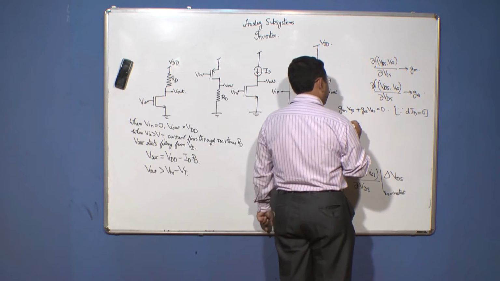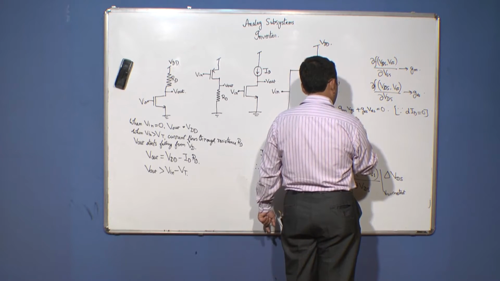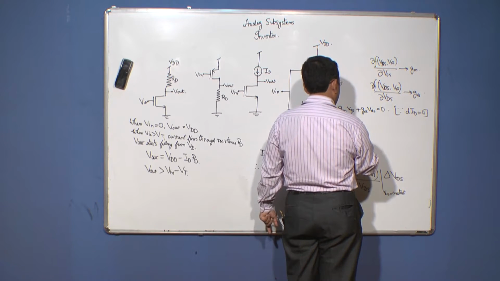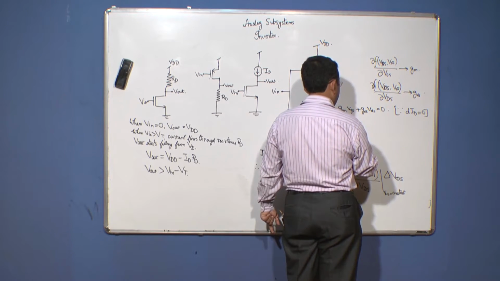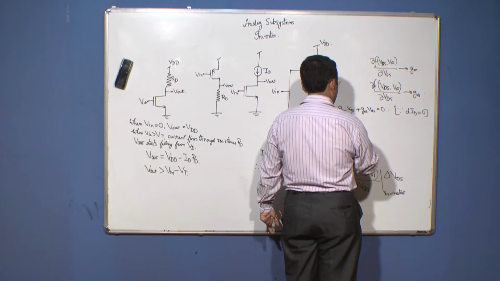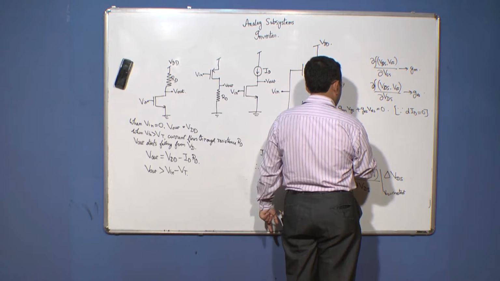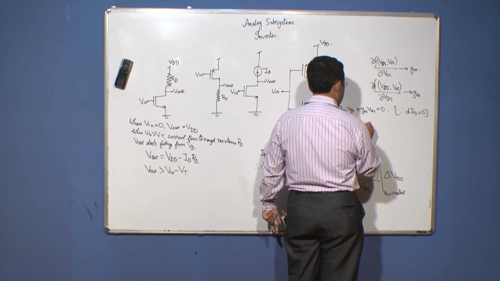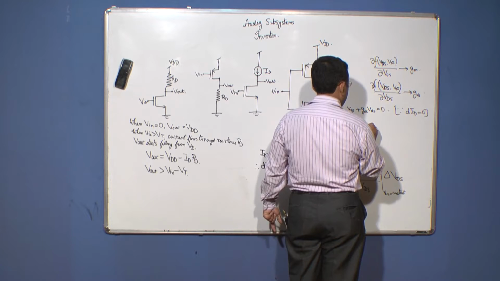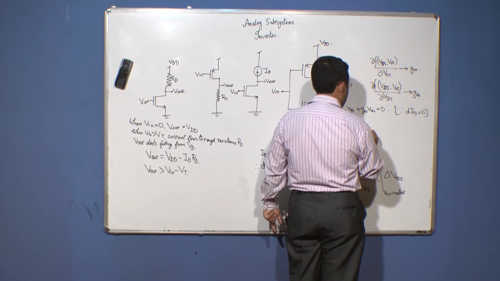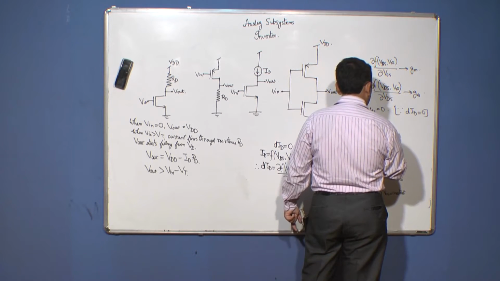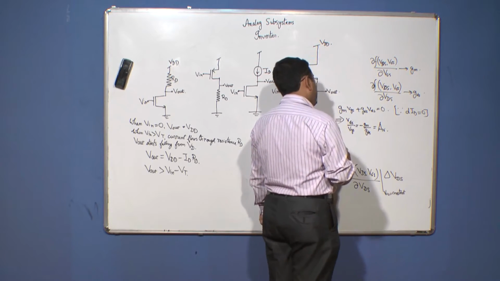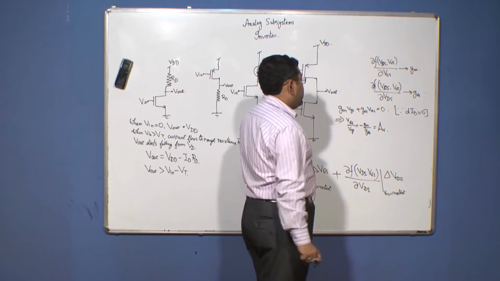So, this implies vds by vgs equal to minus GM by GDS, which I call the gain AV. So this basically indicates the gain of the inverting amplifier.